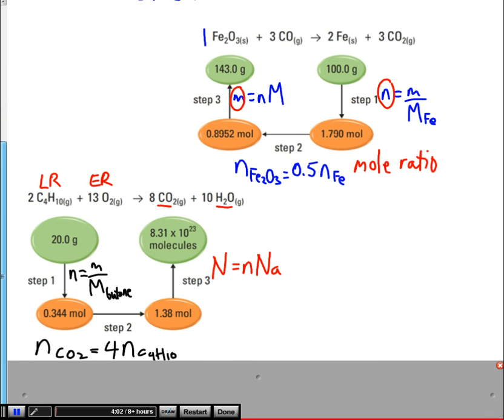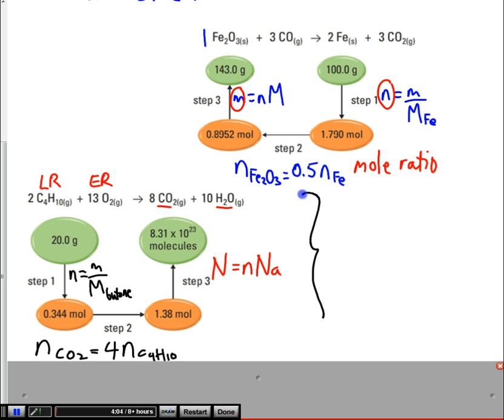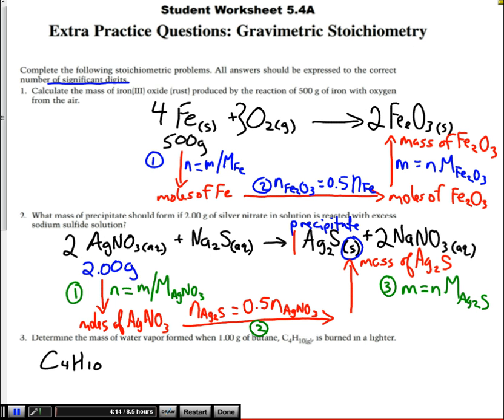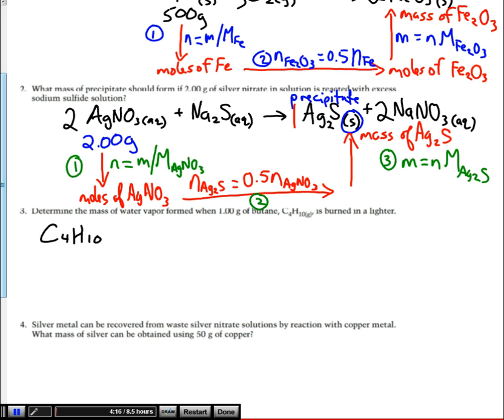From this flow chart, we have already all the steps that we need to follow, except in the end, we're not calculating the number of molecules, we're calculating the number of grams. So number 3 here would be identical to the previous example, except following the traditional mass to moles to moles to mass. Okay, so I'm not going to do number 3. So see previous slide.